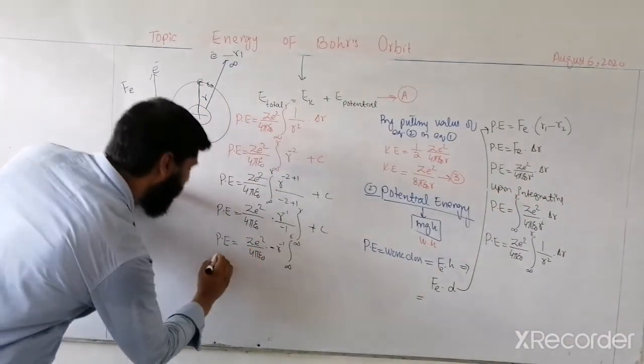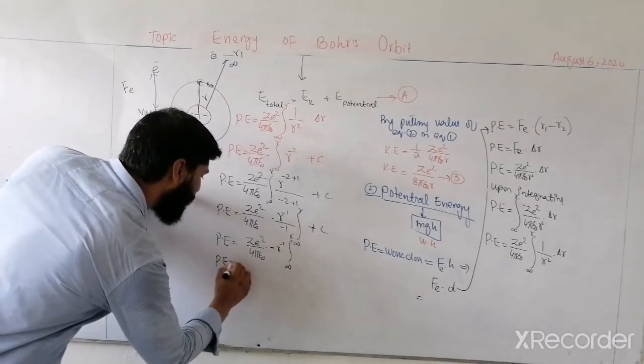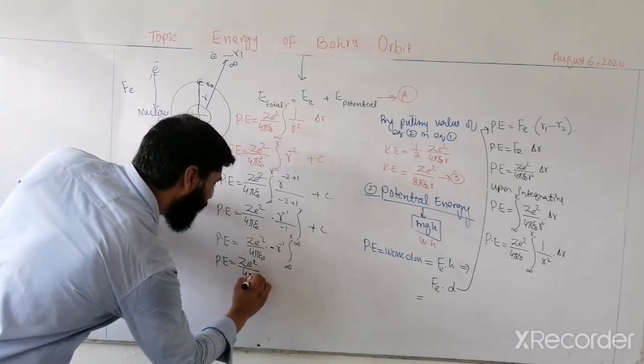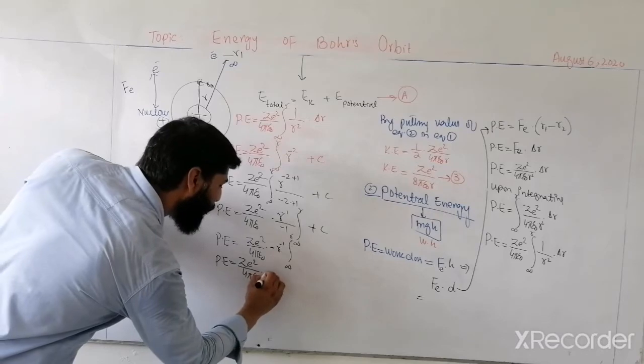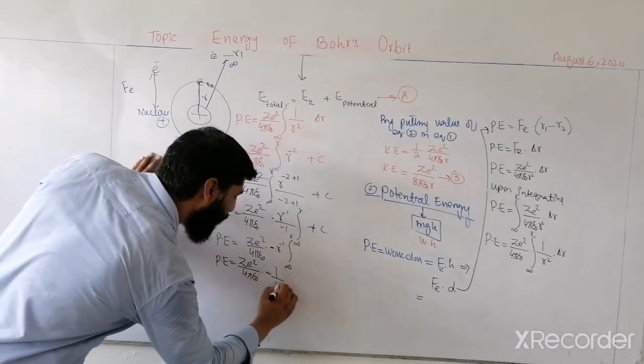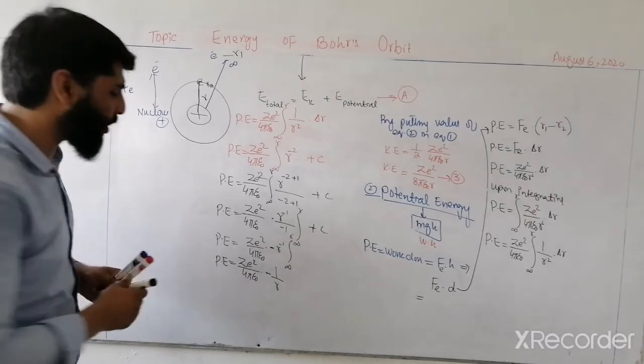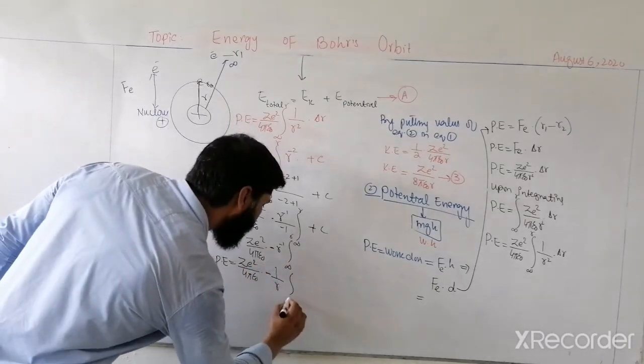So we can rearrange it as potential energy equal to Ze² divided by 4πε₀ into minus 1 upon r. This is the potential energy with respect to these limits.